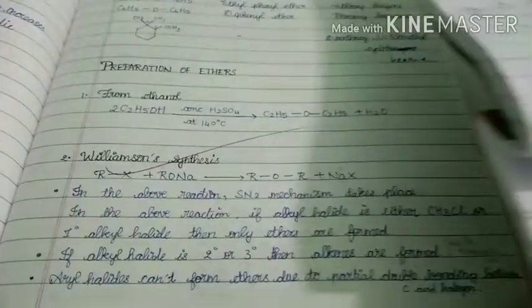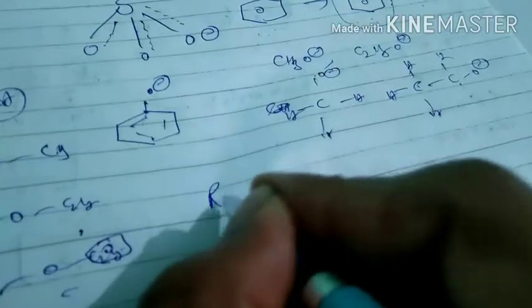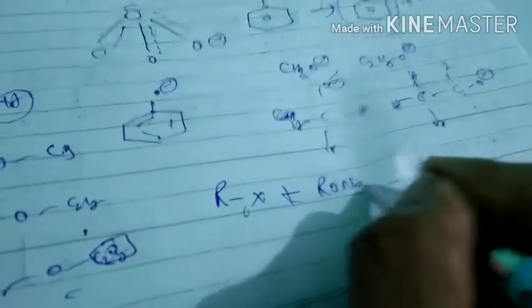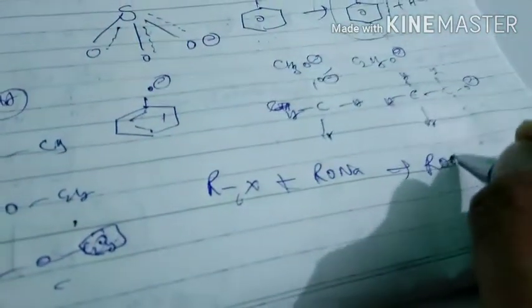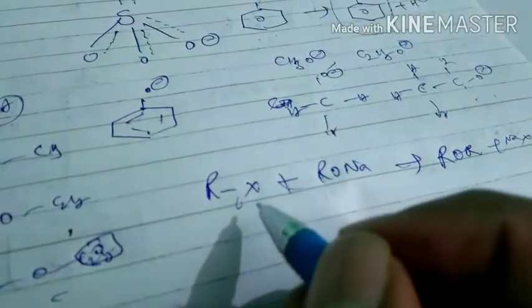I will show that reaction here. See, alkyl halide plus sodium alkoxide, then we get what? Ethers along with sodium halide. That means what happens?